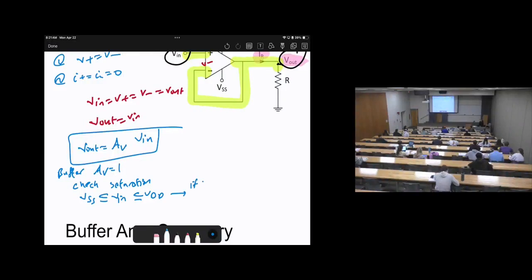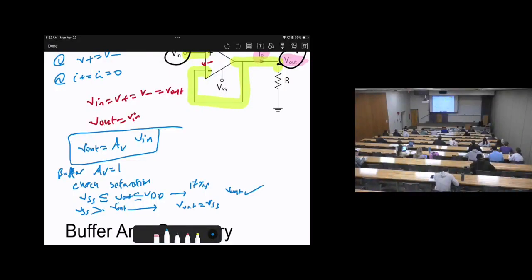If yes, then V out will be the same thing that you found. If V out is lower than VSS, then V out will be VSS.